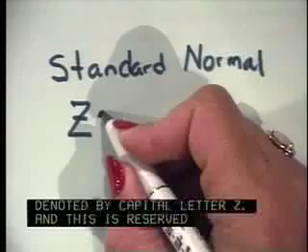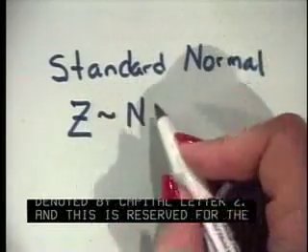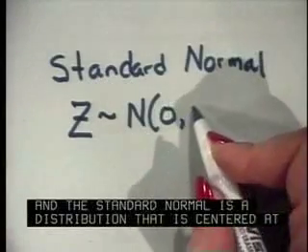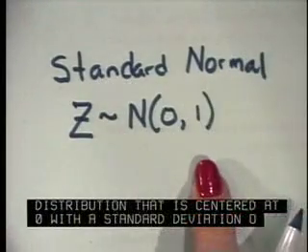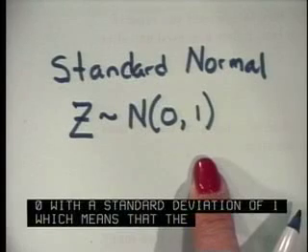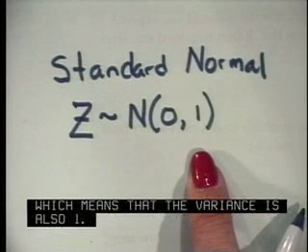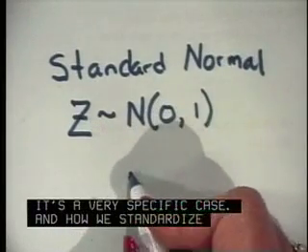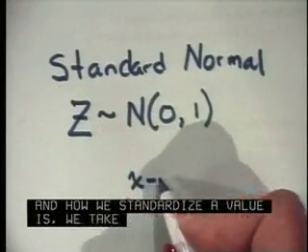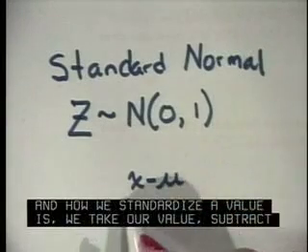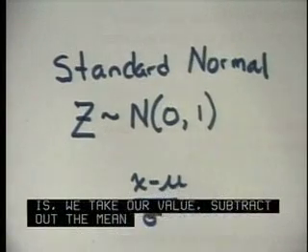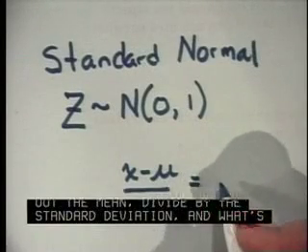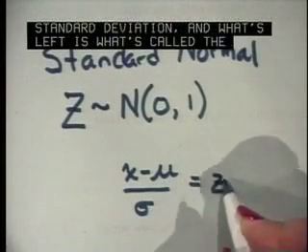And the standard normal is a distribution that is centered at 0 with a standard deviation of 1, which means that the variance is also 1. It's a very specific case. And how we standardize a value is we take our value, subtract out the mean, divide by the standard deviation, and what's left is what's called the Z value, or the Z-score.